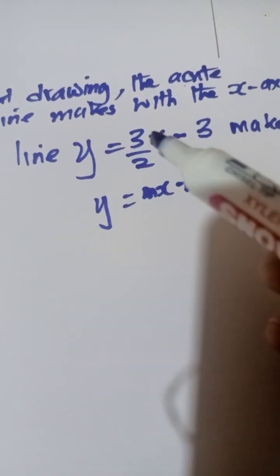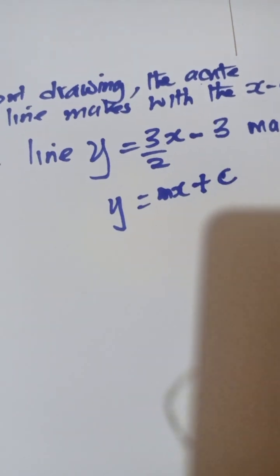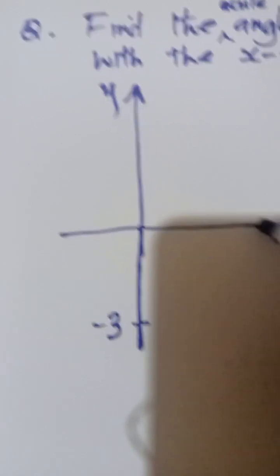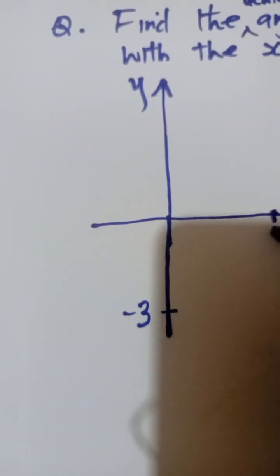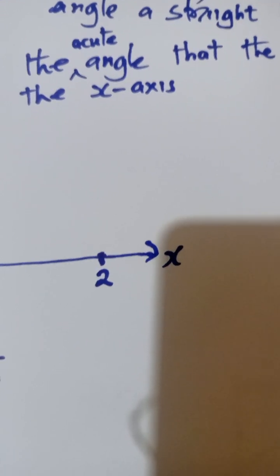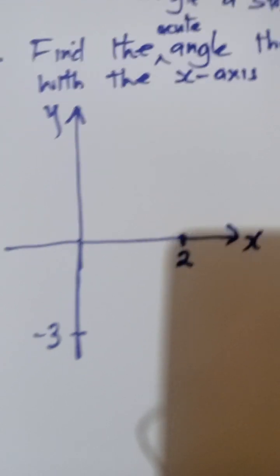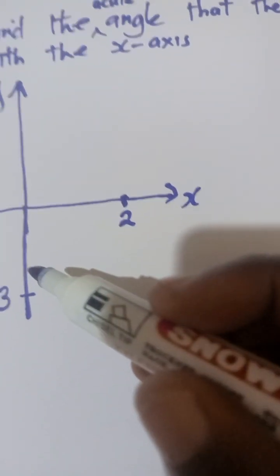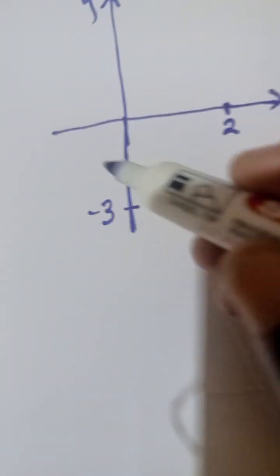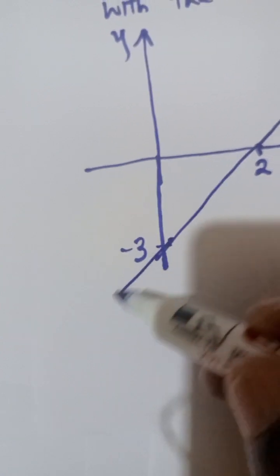If you work it aside, you'll find that x is 2, and that gives us the x-intercept, the point at which the line cuts the x-axis. So the line whose equation we are given here will be something like what we have here.